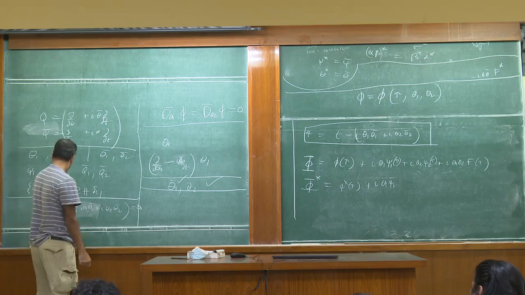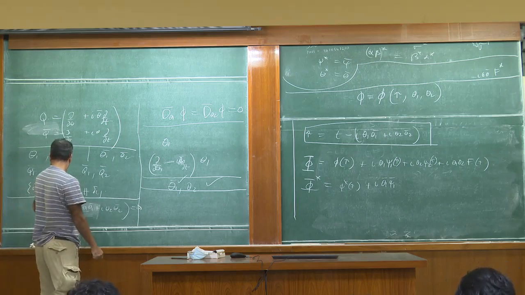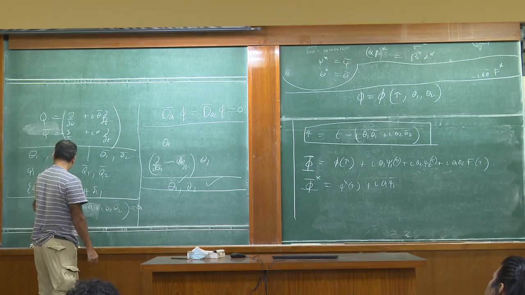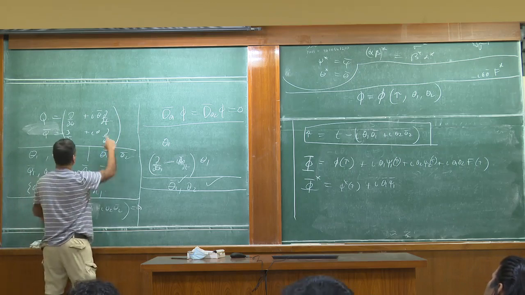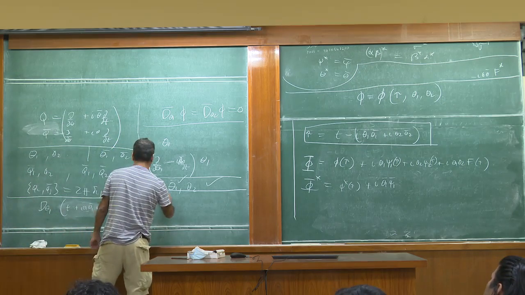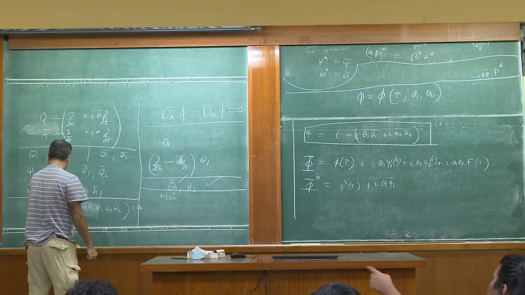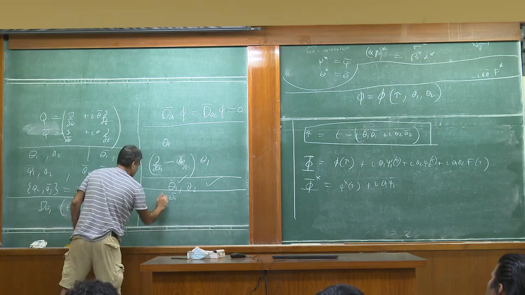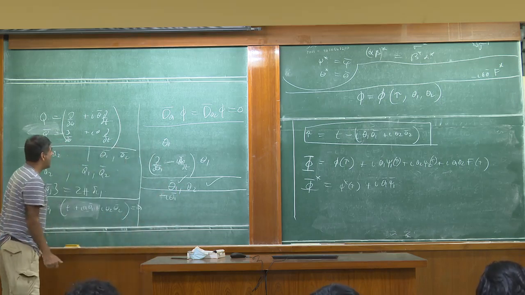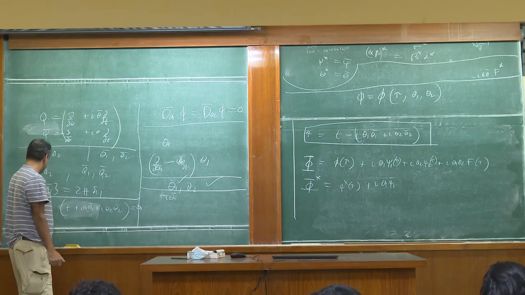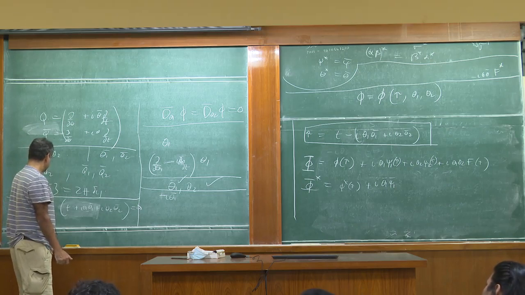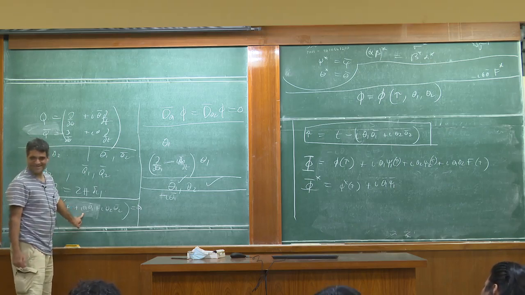So we have d by d theta. Okay, so d by d theta 1, the time derivative gives us plus I theta 1 bar. Minus, thank you, minus I theta 1 bar. And then the space derivative gives us plus I theta 1 bar.